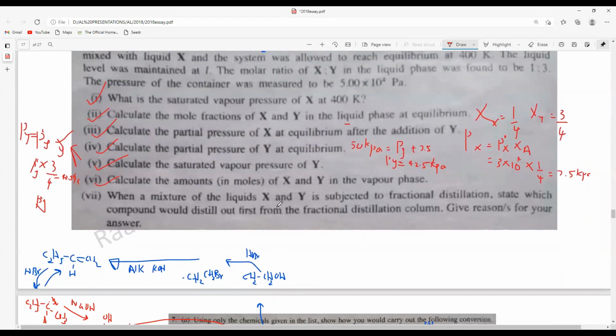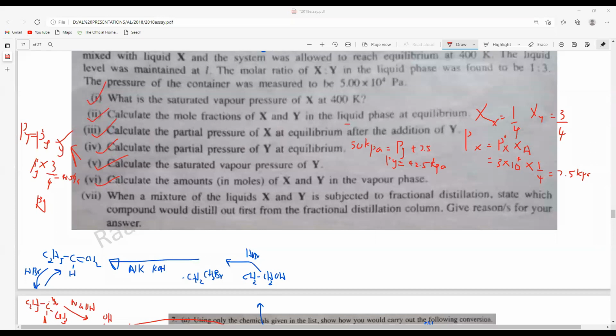When a mixture of liquids X and Y is subjected to fractional distillation, so we use fractional distillation to separate the compounds. So more volatile compounds will be separated more, and we can get pure form of them. State which compound will distill out first from the fractional distillation column. Give reasons for your answer.